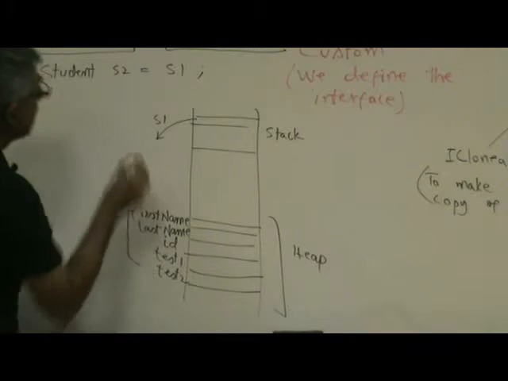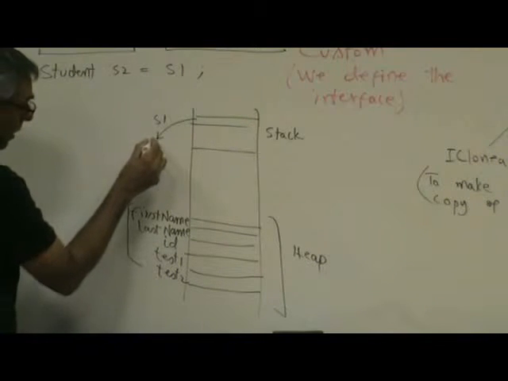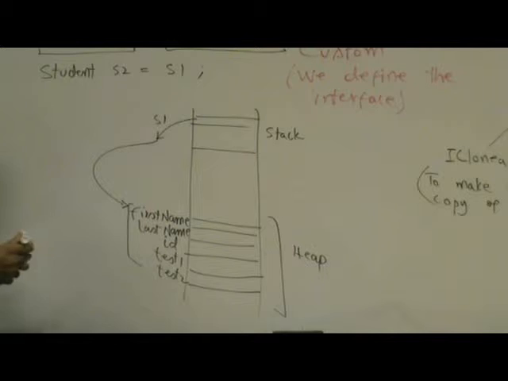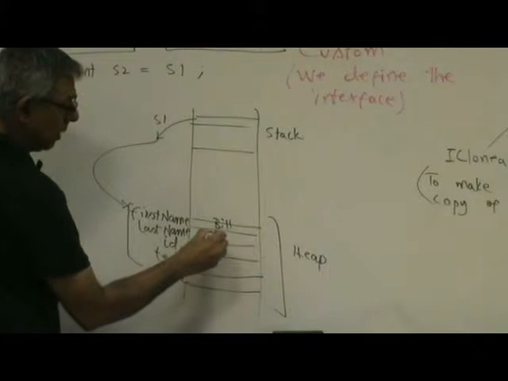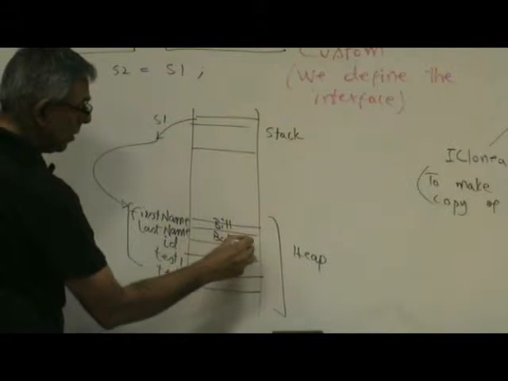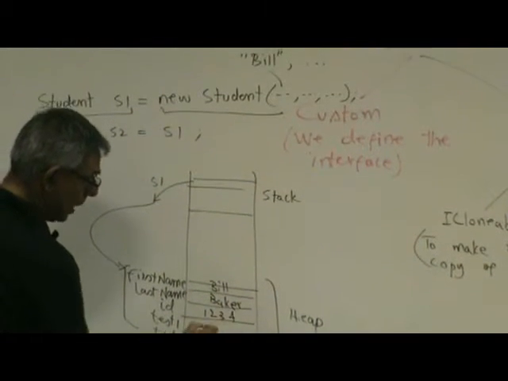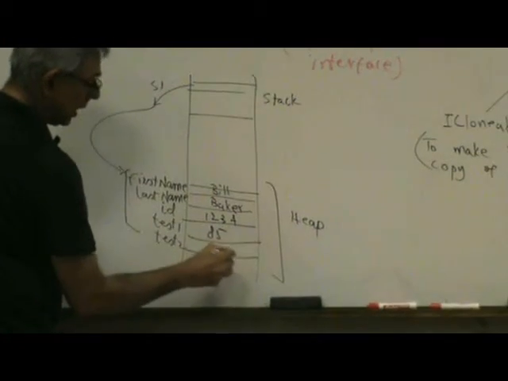And all of these, since we said Student s1 equal to new Student, will be pointing over here. So now, once we trigger the constructor, it will end up storing Bill and whatever, 1, 2, 3, 4, let's say 85, let's say 91.